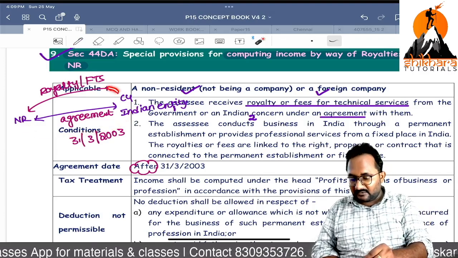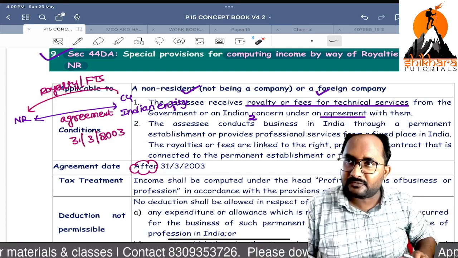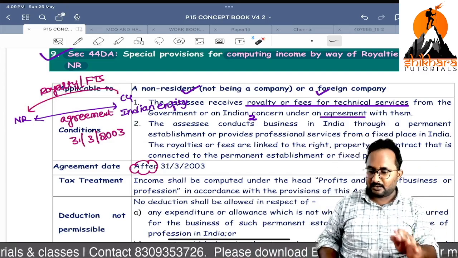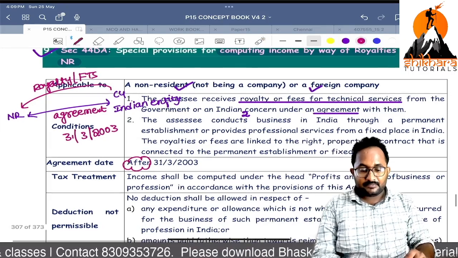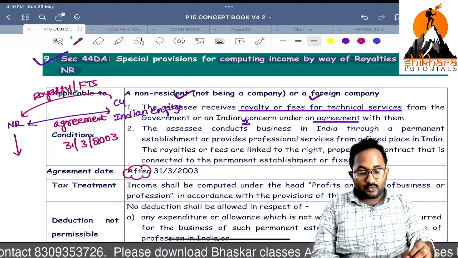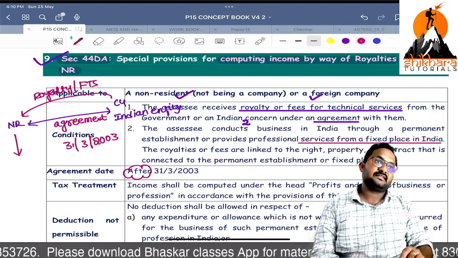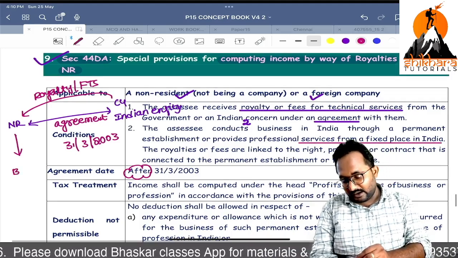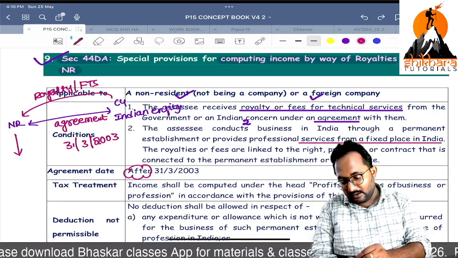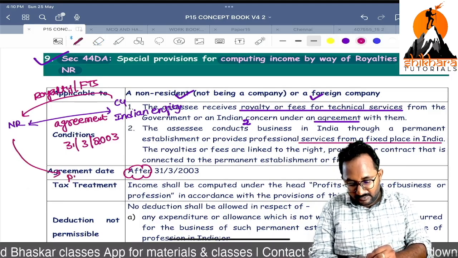Because of that services, as consideration, they will pay what, ma? Royalty and fees for technical services. Am I correct? Now, the non-resident conducts the business in India by using one fixed place of what, ma? Business. Nothing but he needs to establish one permanent establishment in where, ma? India.